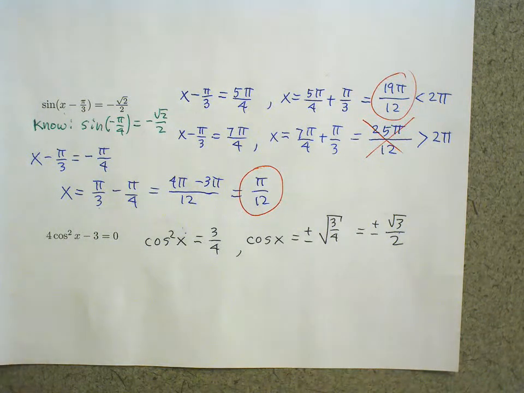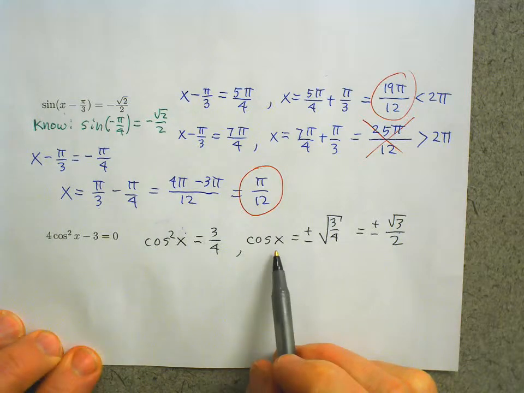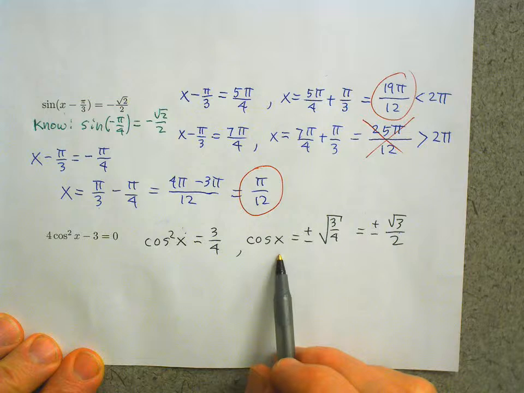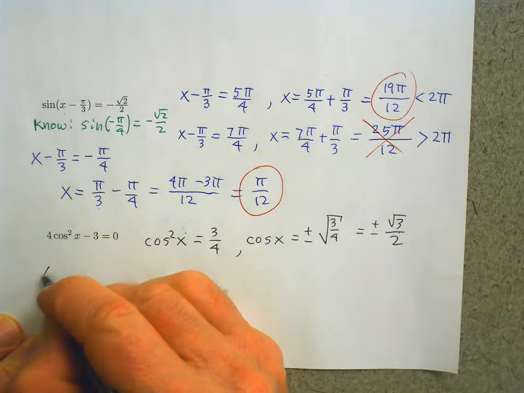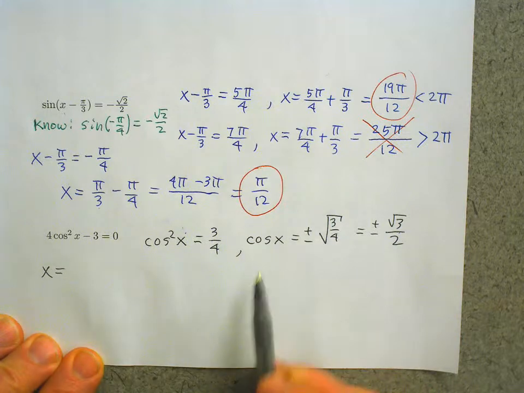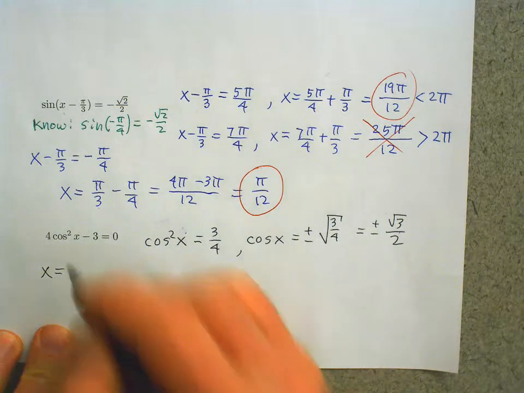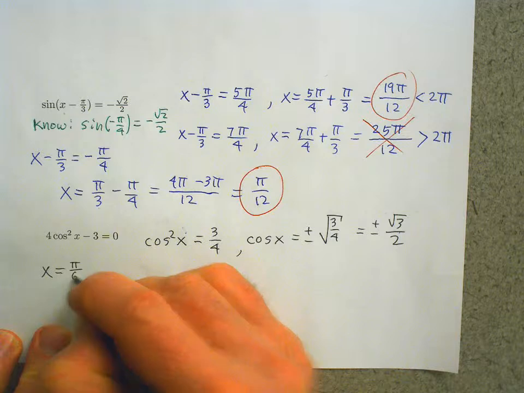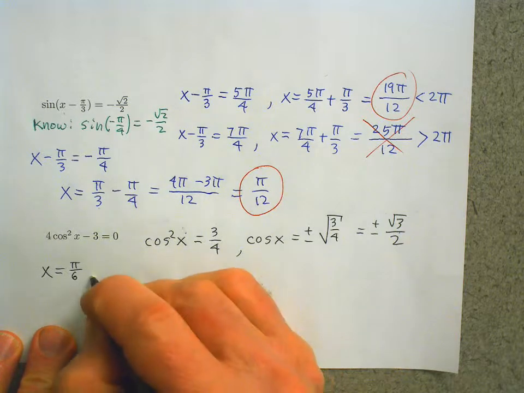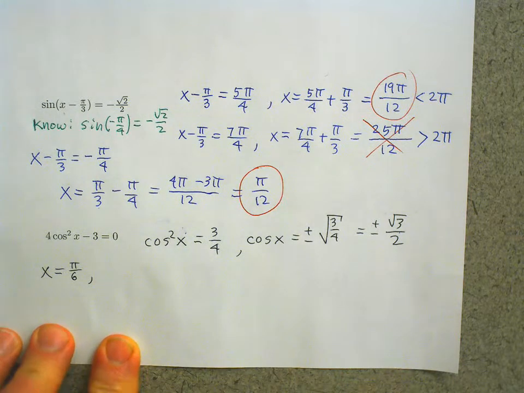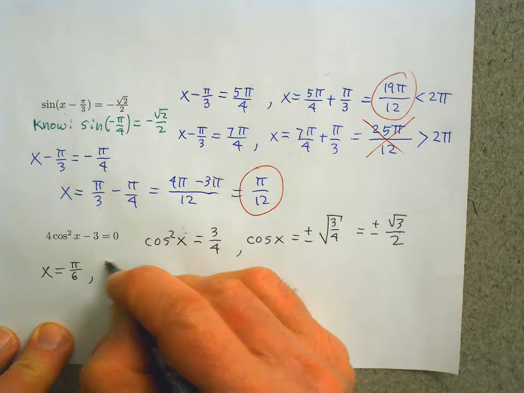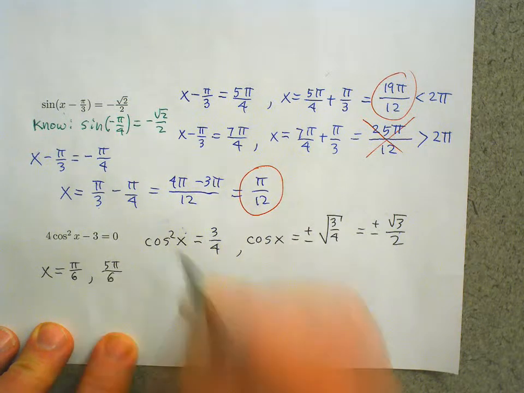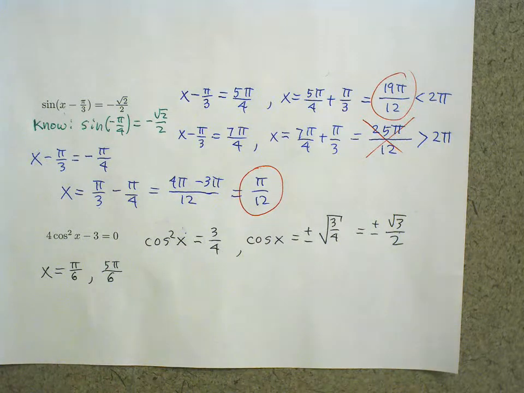Between 0 and 2 pi, we know there are going to be 4 solutions. So we know that cosine of pi over 6 is the square root of 3 over 2. And we know that cosine of 5 pi over 6 is negative square root of 3 over 2.